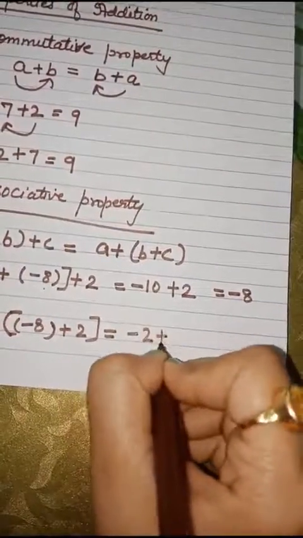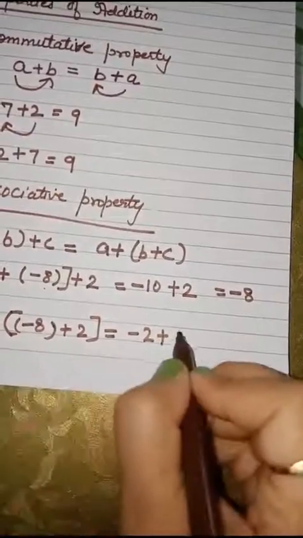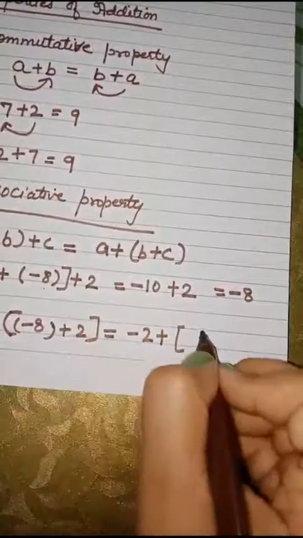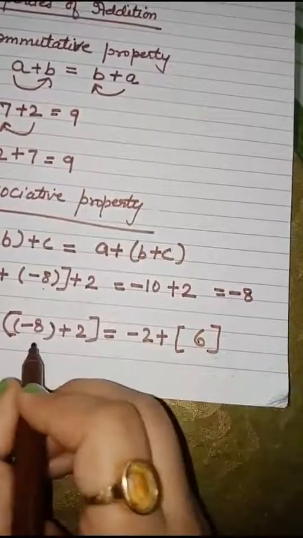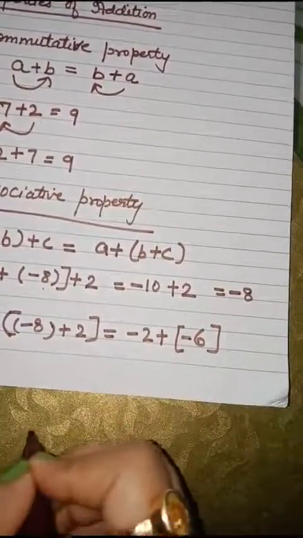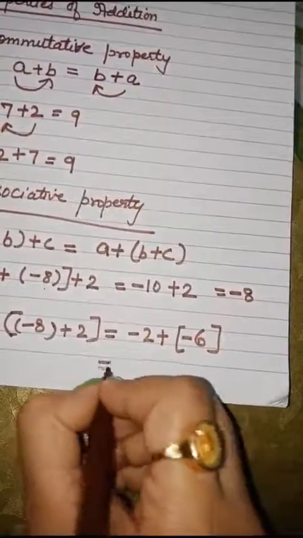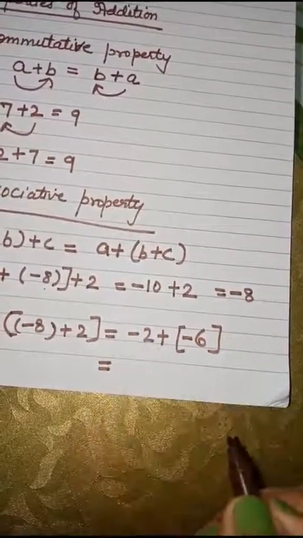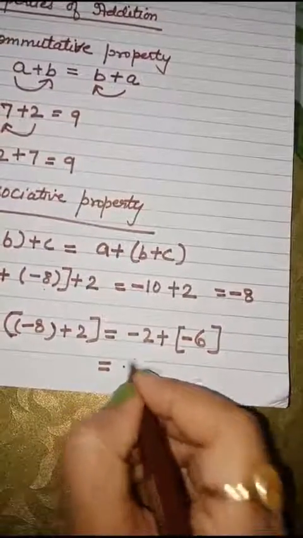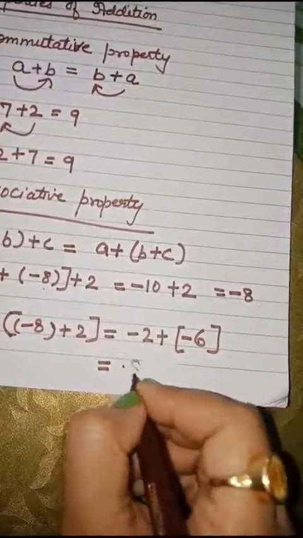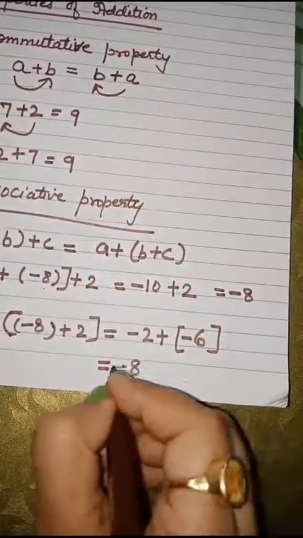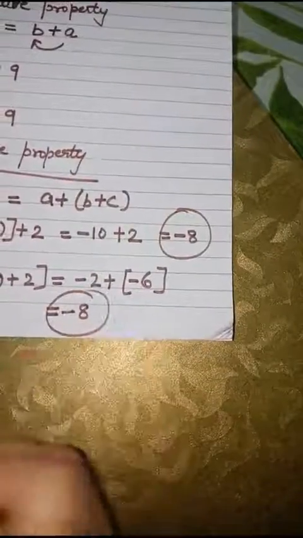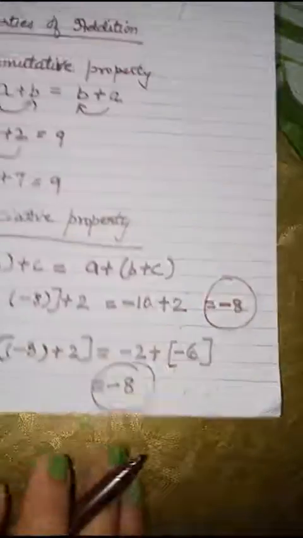Minus 2 plus minus minus, that means 8 minus 2, that is 6, and the sign of the greater number, that is minus 6. Now if we solve it further, minus minus is plus, so we have to add these two numbers, that is 8 and the sign of the greater number. So both answers are same as per the associative property.